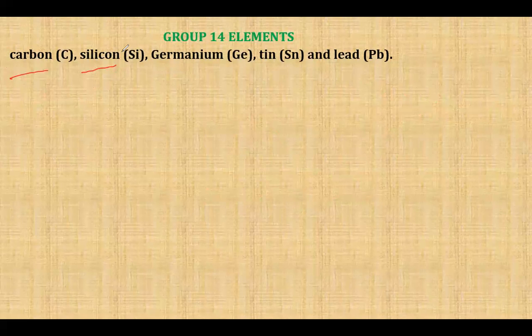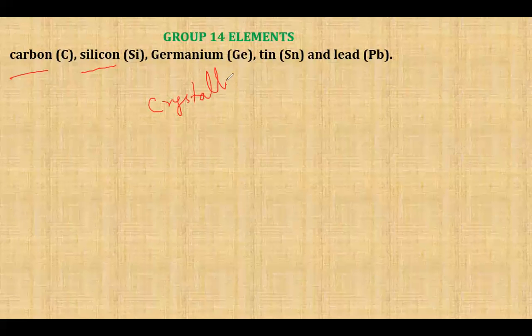Earlier we were discussing carbon. Carbon occurs in crystalline as well as amorphous form. In crystalline form, the compounds are graphite and diamond.